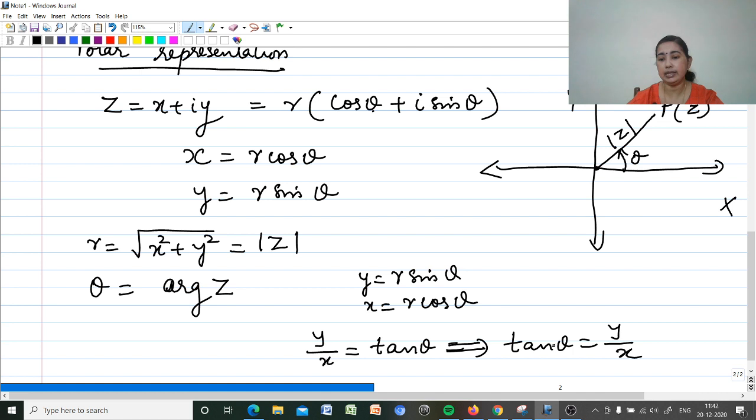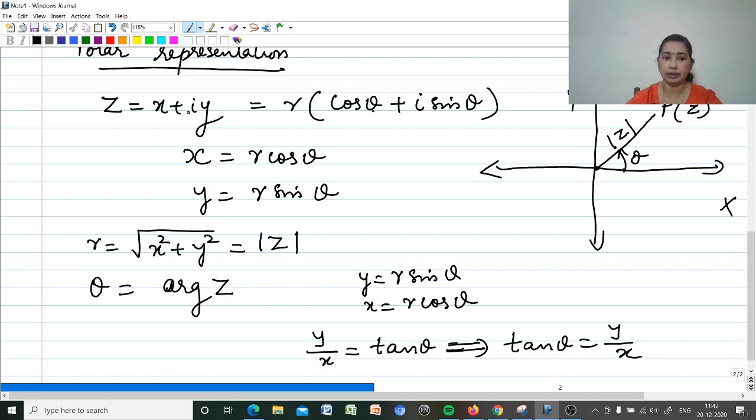So we are getting theta from here, but this theta depends on which quadrant it lies in. So we have to check in which quadrant this theta lies, by checking the sign of x and y. If both are positive, it will be in the first quadrant.